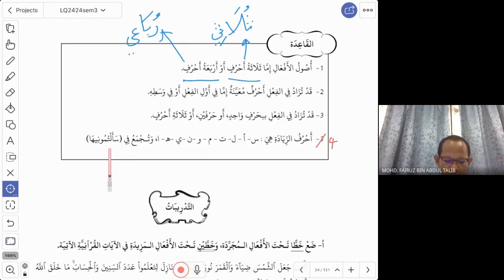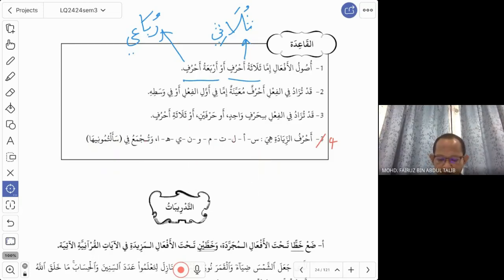Sa'altumuniha is just a way to memorize all of these letters: sin, alif, sin, hamzah, lam, ta, mim, waw, nun, ya, ha. Literally it means sa'altum, you ask me about it. Okay, so these are the 10 letters that can be added to a word.